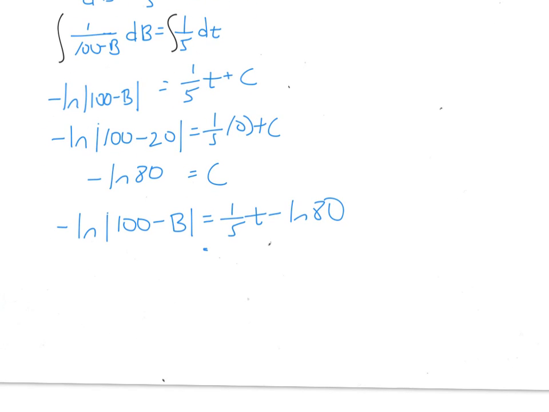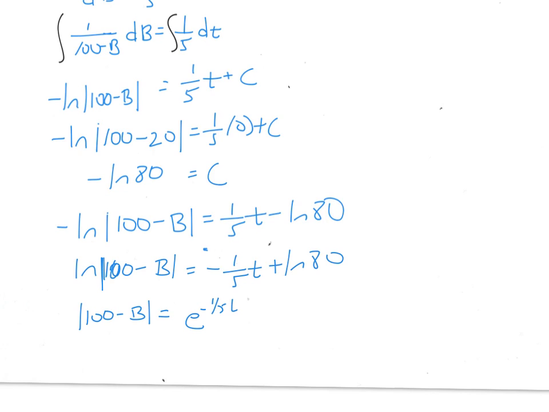Okay, so now let's move that negative. ln of 100 minus B, we've got negative 1/5 t plus ln of 80. And we can exponentiate both sides. So we've got e to the negative 1/5 t, and this will be times e to the ln of 80.